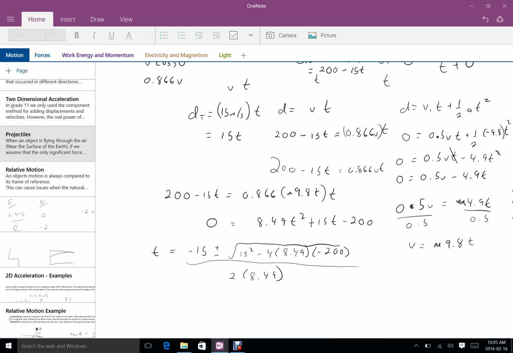Now I want the positive root here, so I'm going to just use the plus. Working inside the brackets first, 4 times 8.49 times 200, plus 15 squared, the square root of that answer is 83.8.